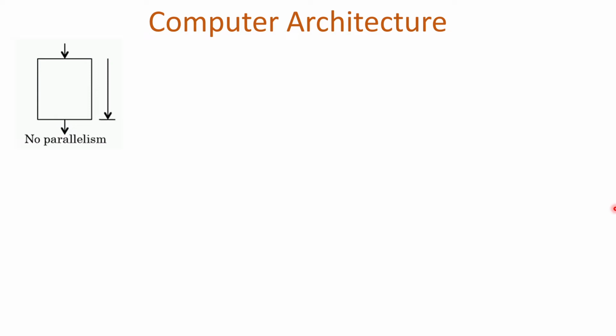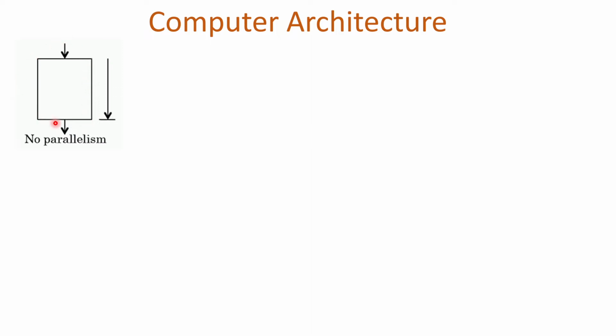There is only one processing unit, which is not even parallel. There is no parallelism in this particular hardware. That means one instruction will come into the unit, it will come out from the unit, and then the next instruction will come.